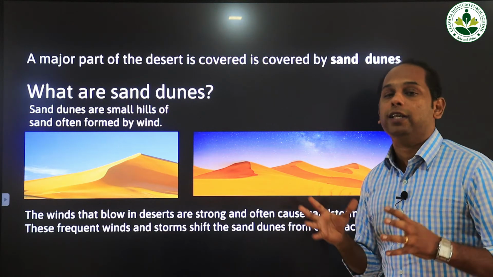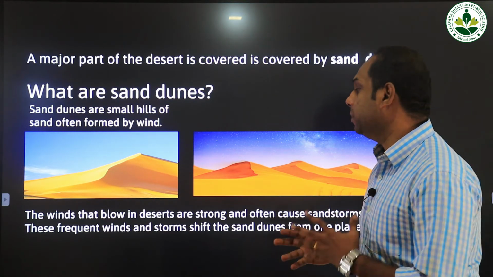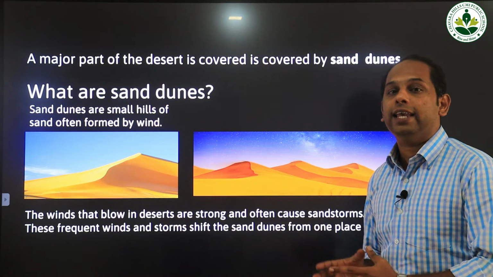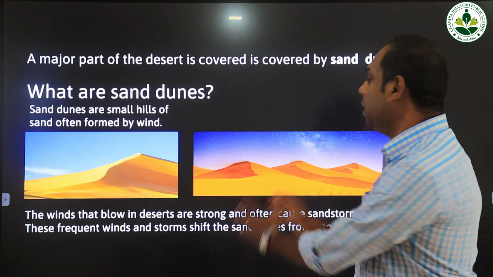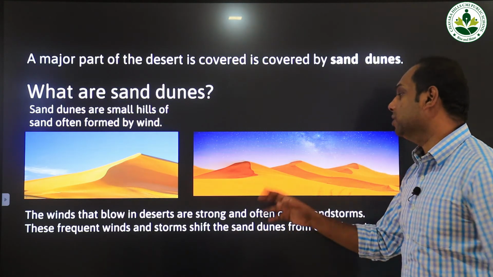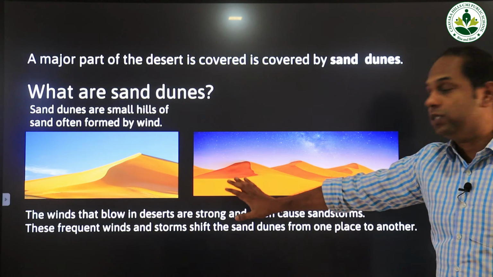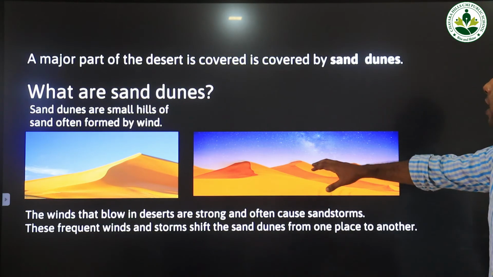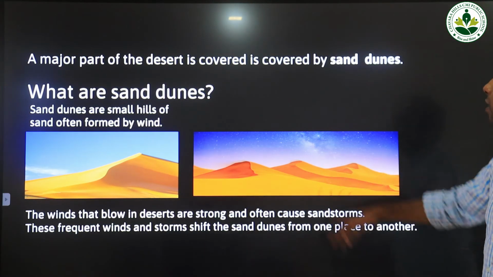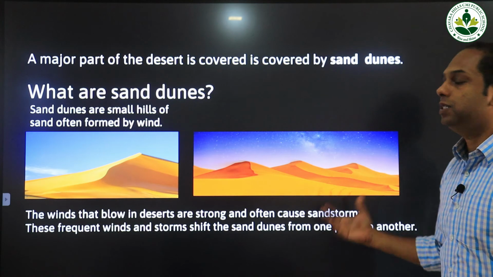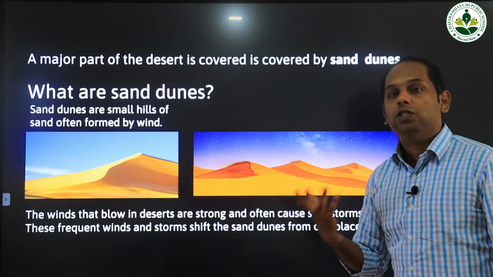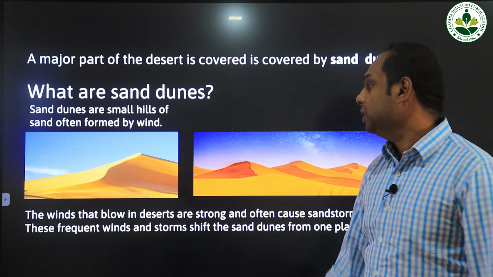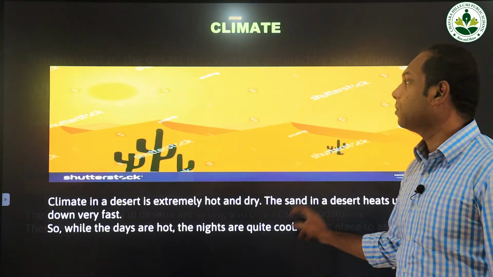As you see here, we can find some sand dunes here, some sand dunes here. These sand dunes are often shifted by the strong wind that blows from the deserts.